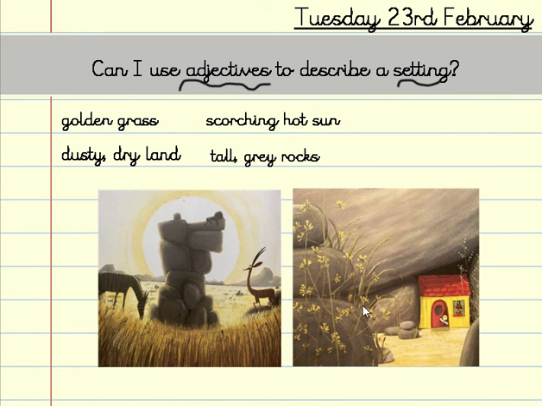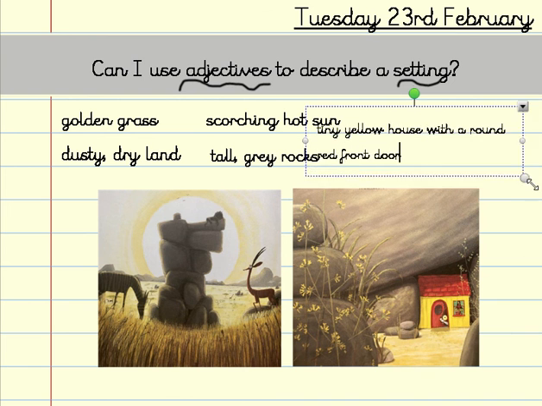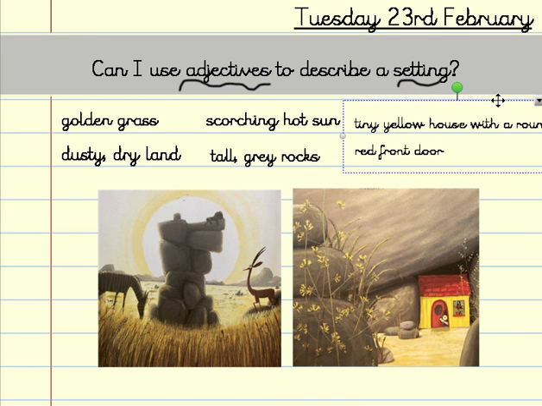What's about in this picture here? What can you see? I can see a tiny yellow house with a round red front door. Oh, I've used lots of adjectives there, haven't I? Can you spot them? Here we go, look.